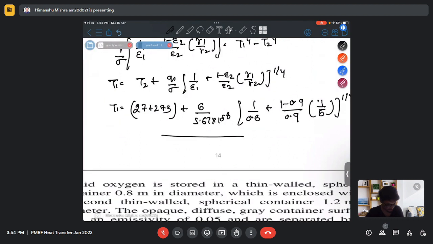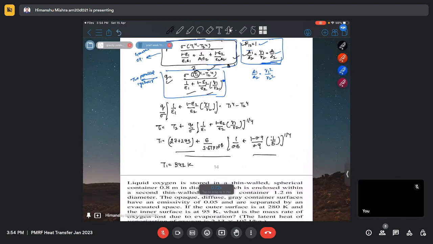On calculating this, I get T1 around 342 Kelvin.